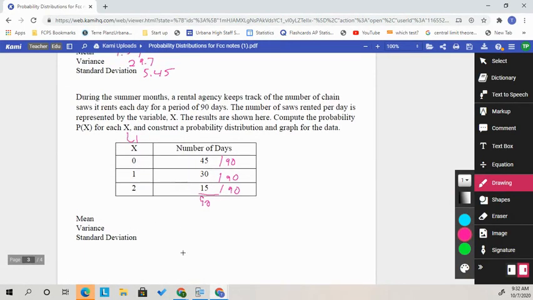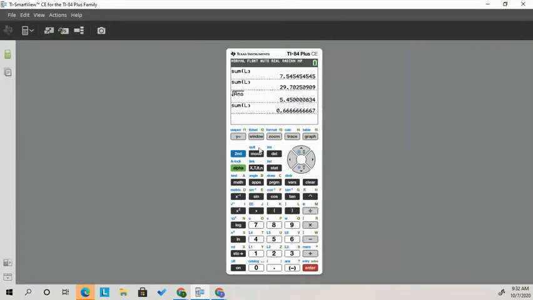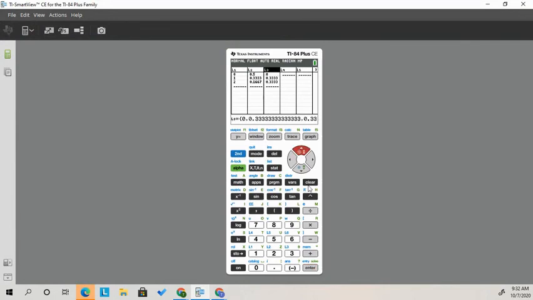Now we're going to find the variance and standard deviation. So back in our list, you can clear this out if you want or not. I like clearing it out so you can see when I'm typing my formula in. So parenthesis L1 minus 0.67 parenthesis squared, and you don't even have to put the times in.